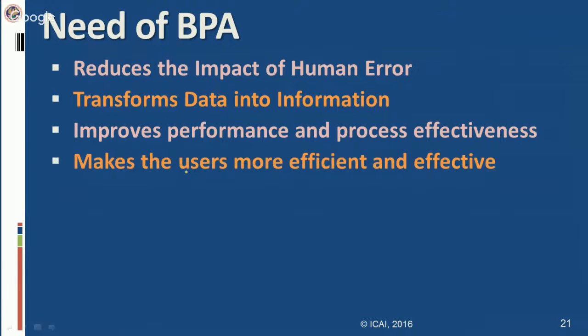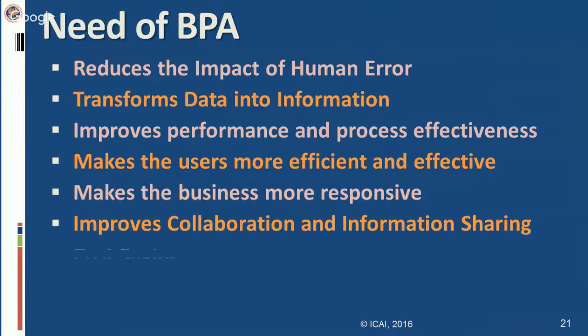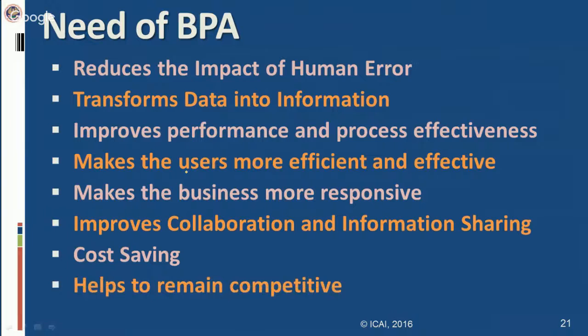It makes users more efficient and effective, makes the business more responsive, improves collaboration and information sharing, saves cost, helps to remain competitive, and gives fast services to the customers. Because of these objectives, any enterprise would go for business process automation.